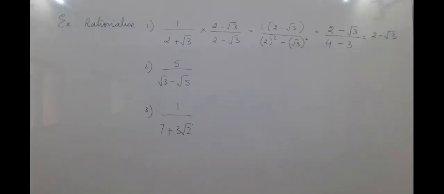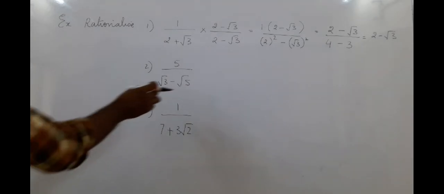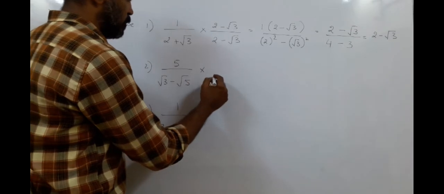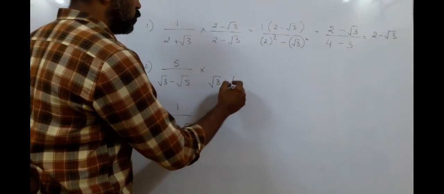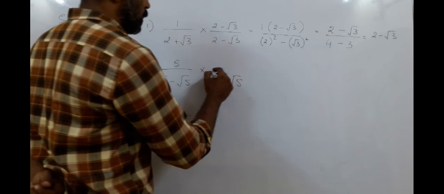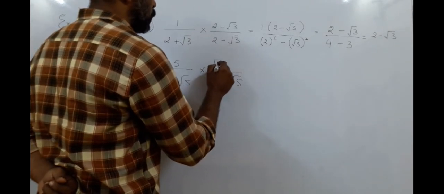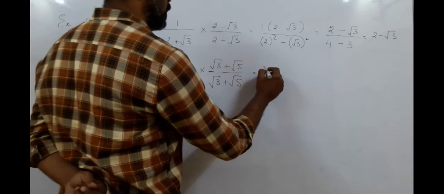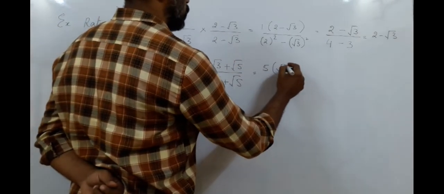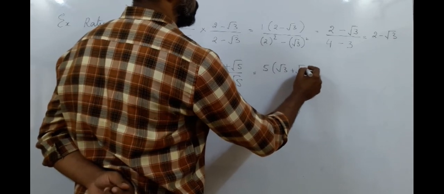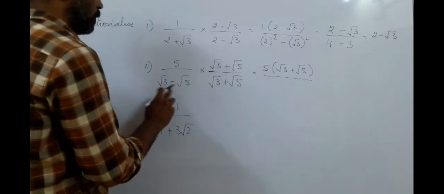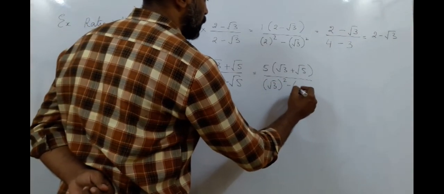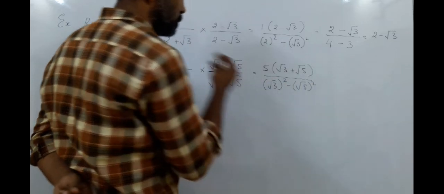So now you must have followed what will be the rationalizing factor for root 3 minus root 5. Yes, you can guess it. It will be root 3 plus root 5. Okay, I hope this many examples will help you understand what is a rationalizing factor. So the 5 into root 3 plus root 5 upon a minus b into a plus b, a square minus b square.